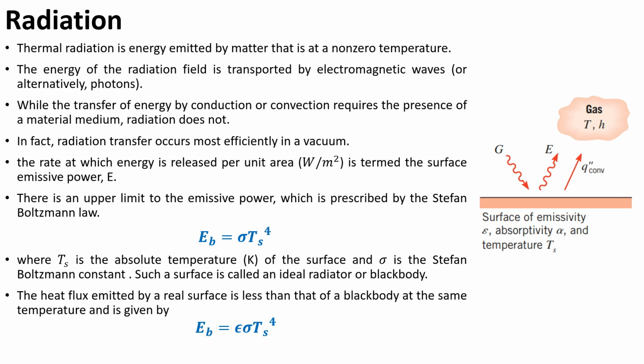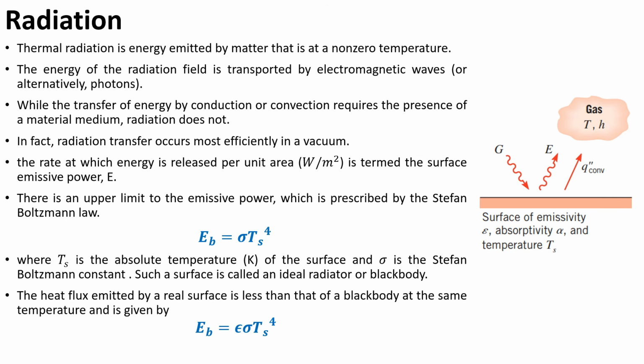Now what is radiation? Thermal radiation is energy emitted by matter that is at a non-zero temperature. Every body which is at non-zero temperature emits radiation in the form of electromagnetic waves or photons.